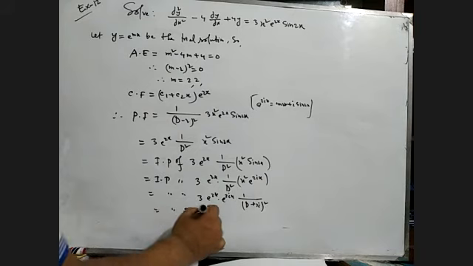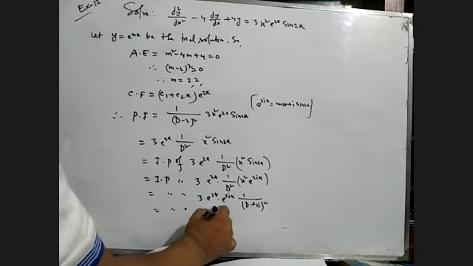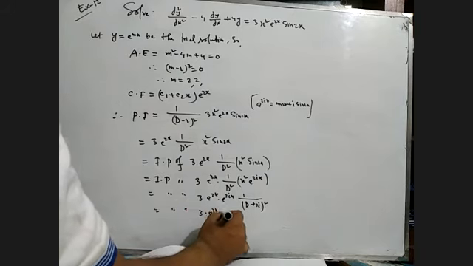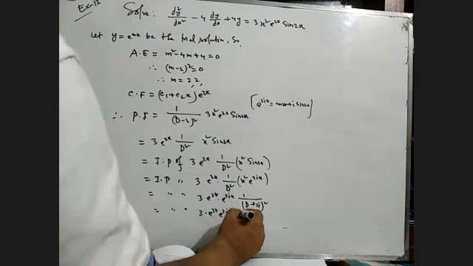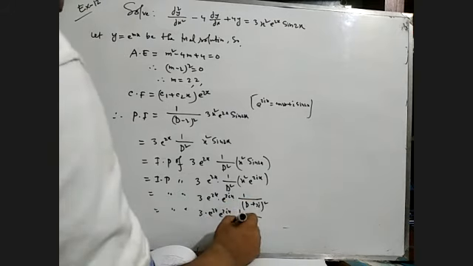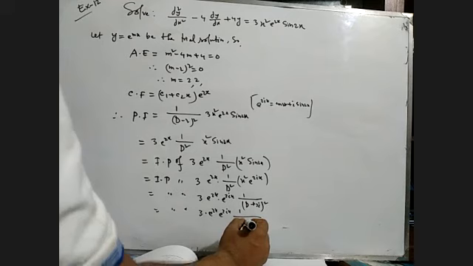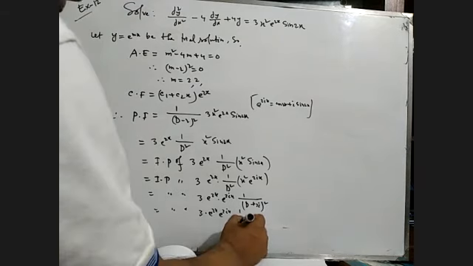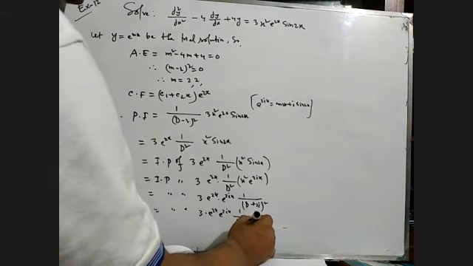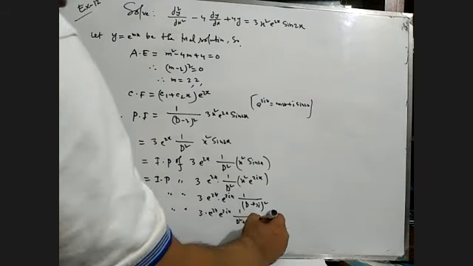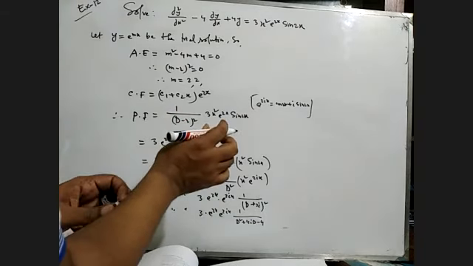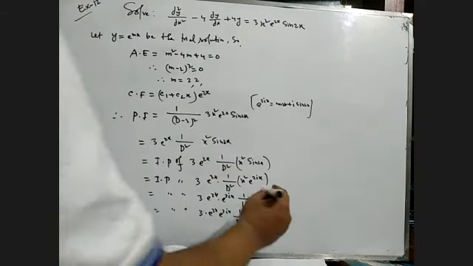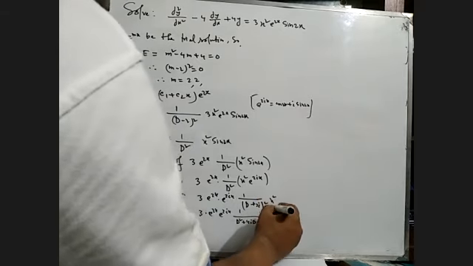So this means the imaginary part of e to the power twice x into e to the power twice ix. This means D square plus 4iD minus 4, into x square.